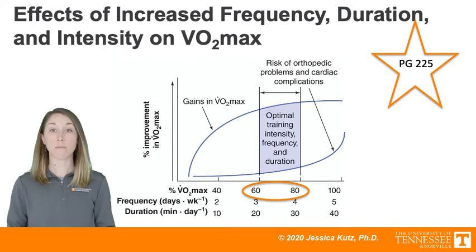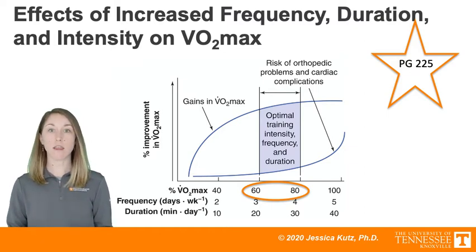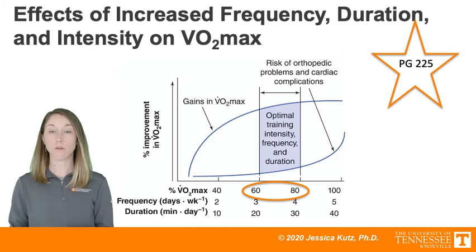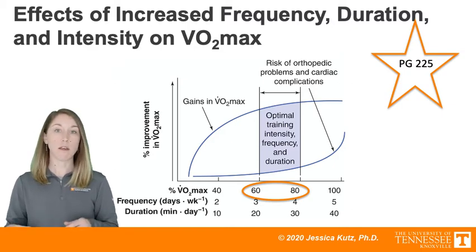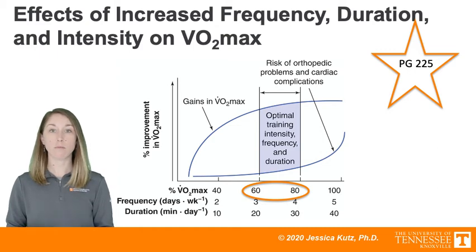So if you have to pick a basic recommendation for prescribing exercise to try and improve VO2 max, you're going to choose an intensity of between 60 and 80% of their heart rate reserve or percent VO2 max, a frequency of 3 to 4 days, and a duration of 20 to 30 minutes per session. And this just seems to be a sweet spot to be able to elicit those improvements within VO2 max.